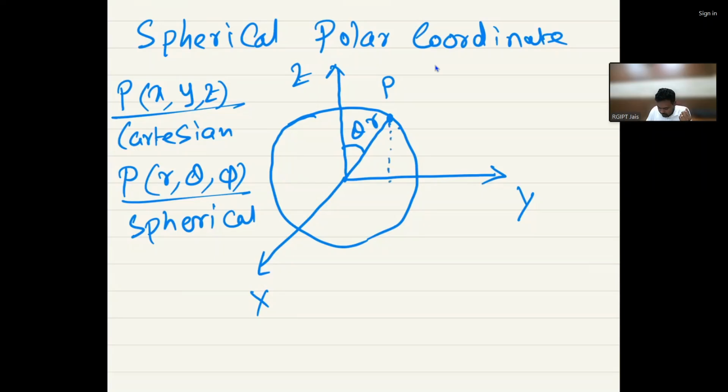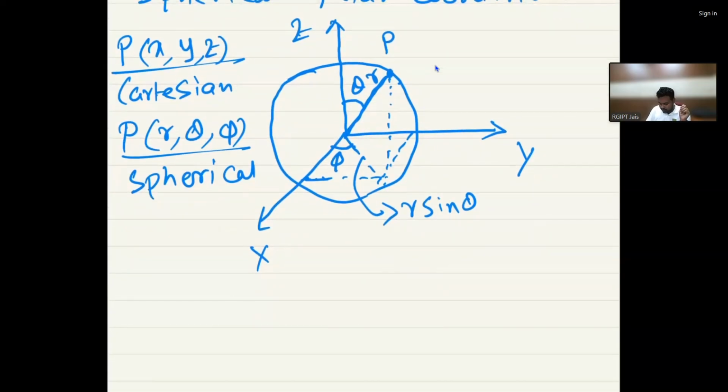This is the projection on the xy plane, and this angle is called phi. And this one is r sine theta, because this is r and its projection on the xy plane will be r sine theta.